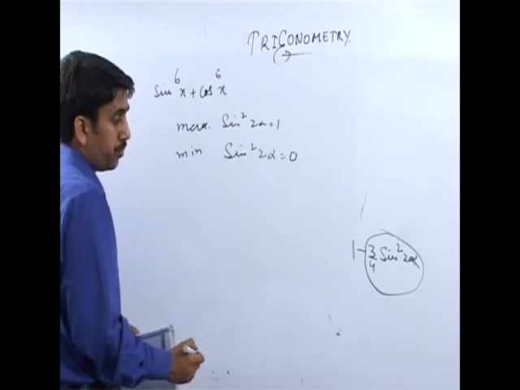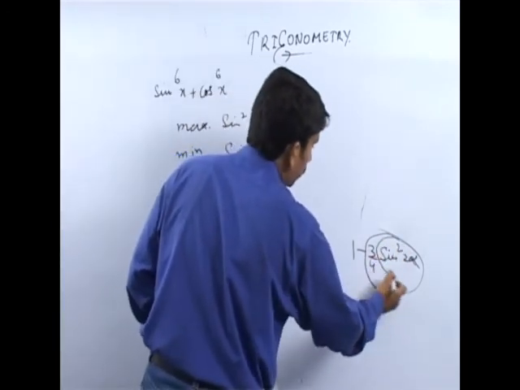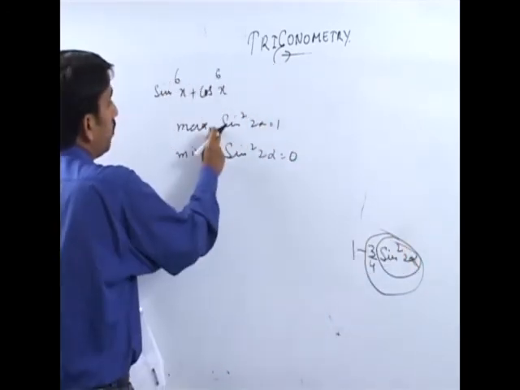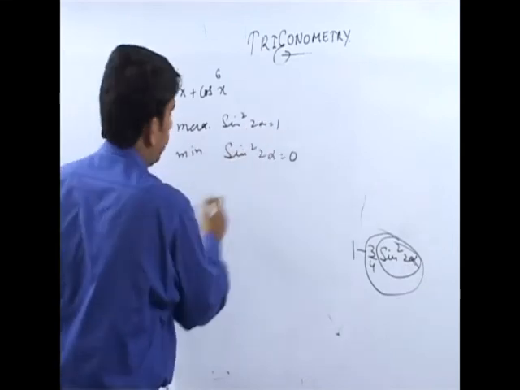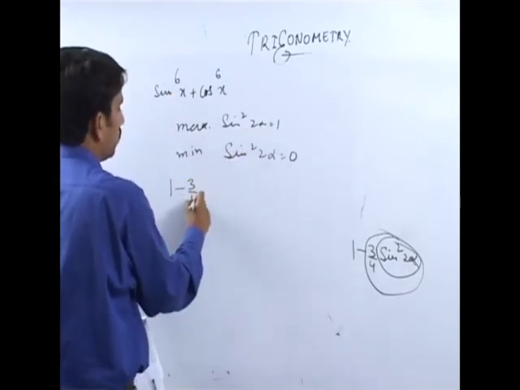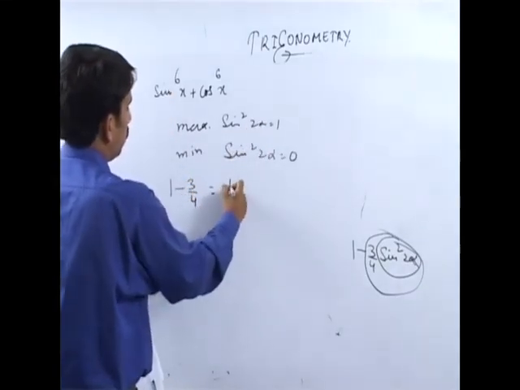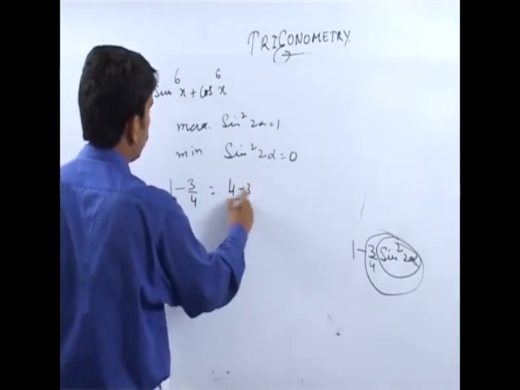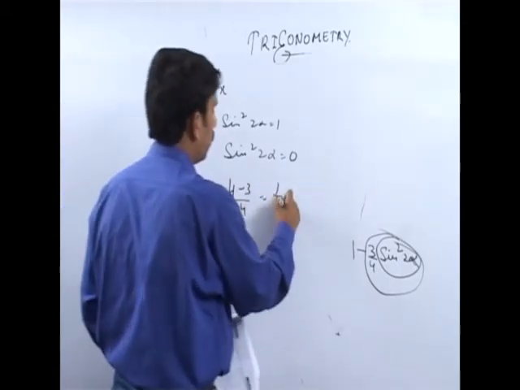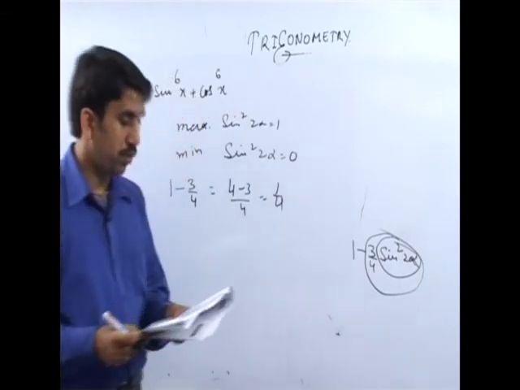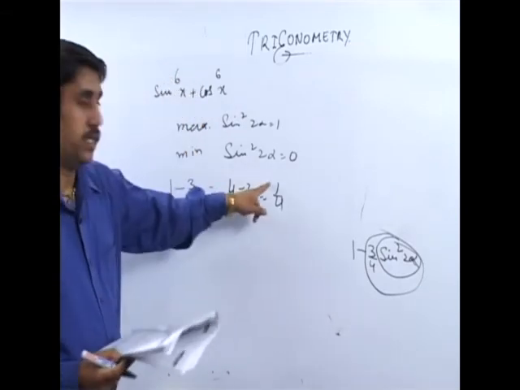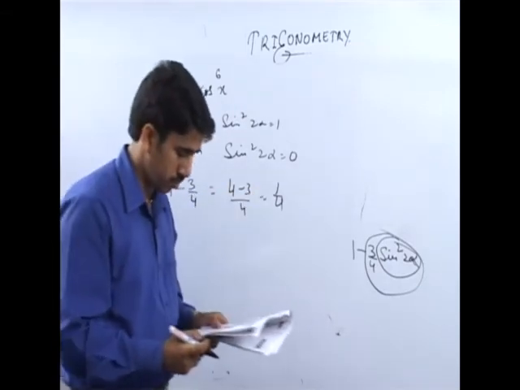For this term to be maximum, sin square 2 alpha should be maximum. Now for maximum sin square 2 alpha we put 1 here, so we get 1 minus 3 by 4, which is 4 minus 3 by 4, equal to 1 by 4. Therefore the minimum value for this expression is 1 by 4.